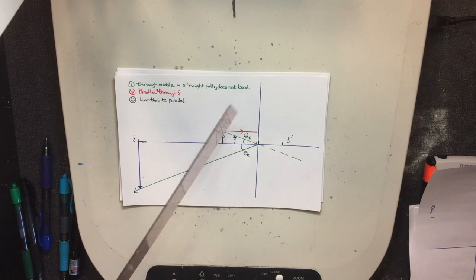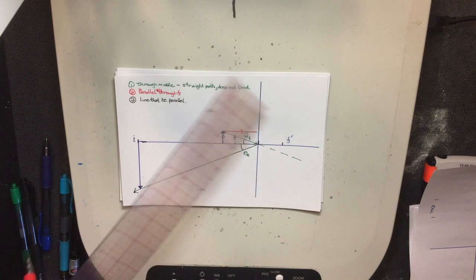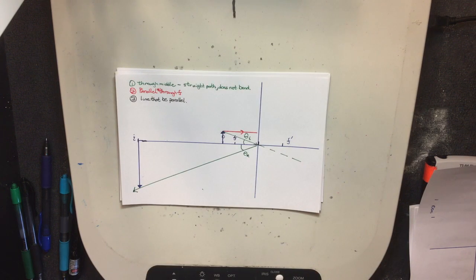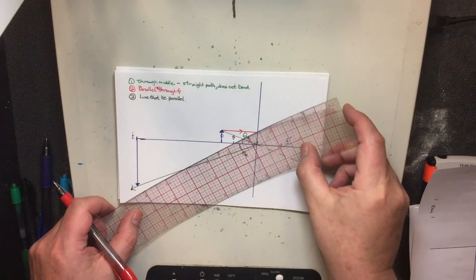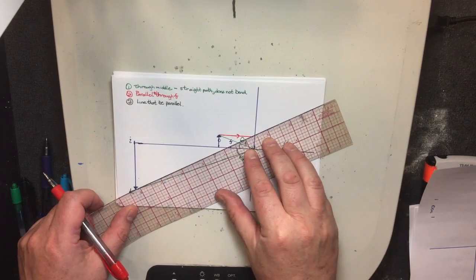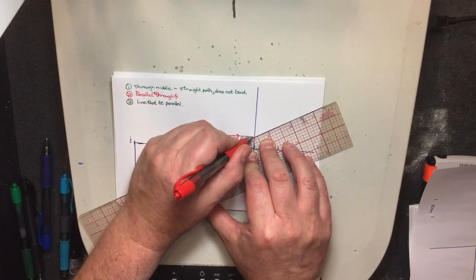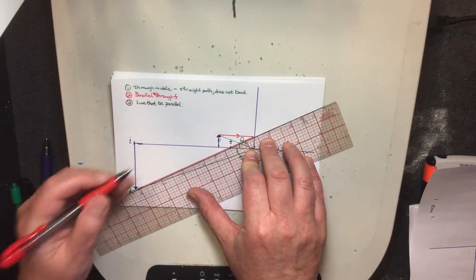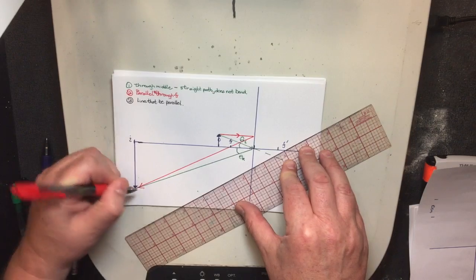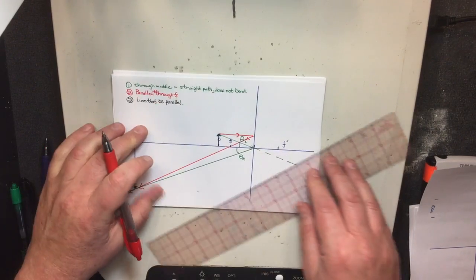Now this is where we have to think about it: this is a concave mirror. Concave mirrors bend their light through the focal point. So this light ray goes like that. This is 2.